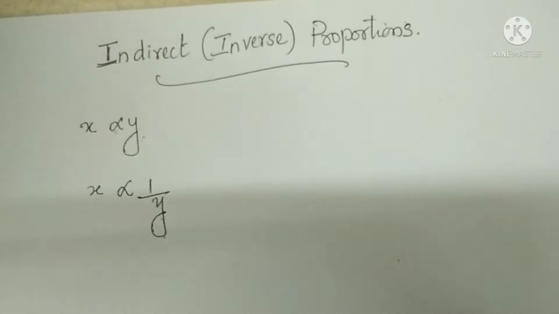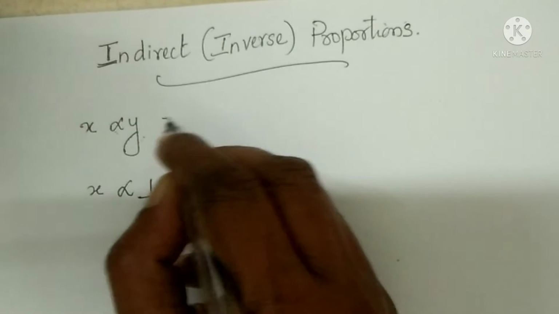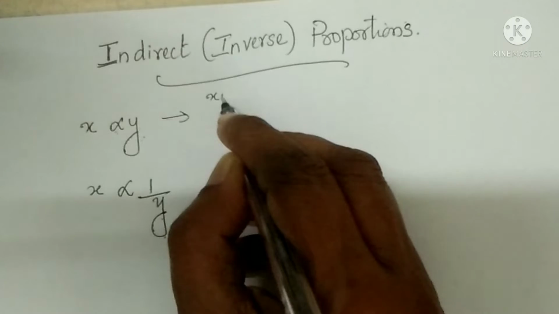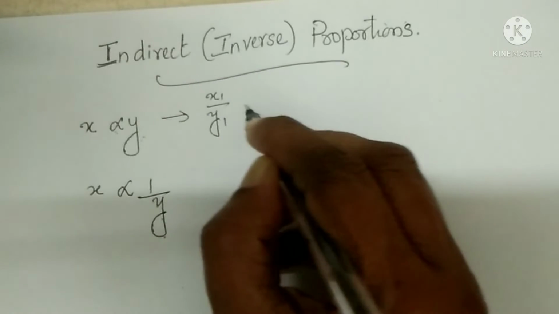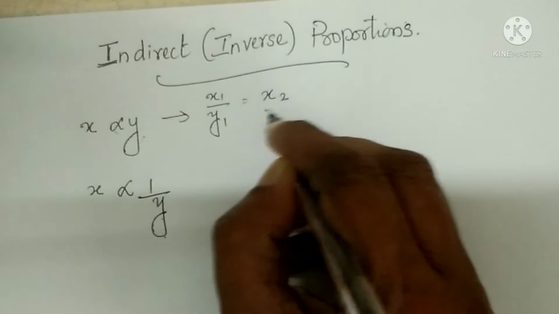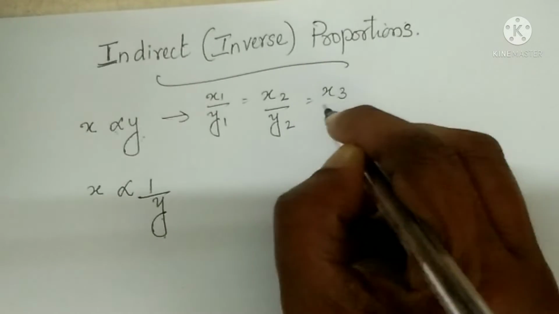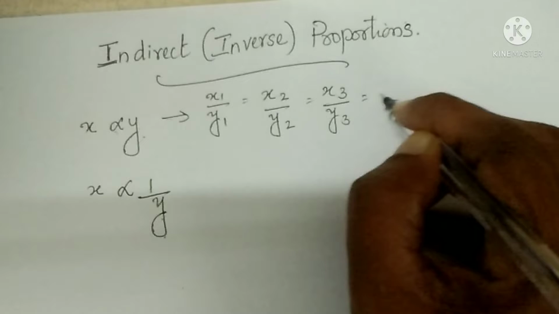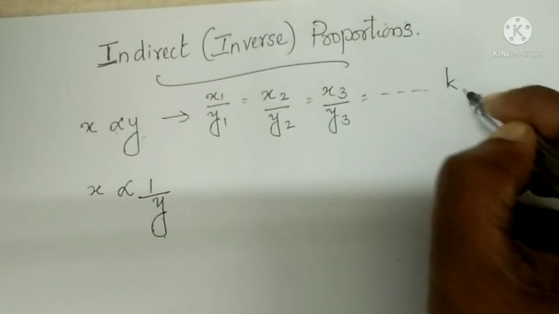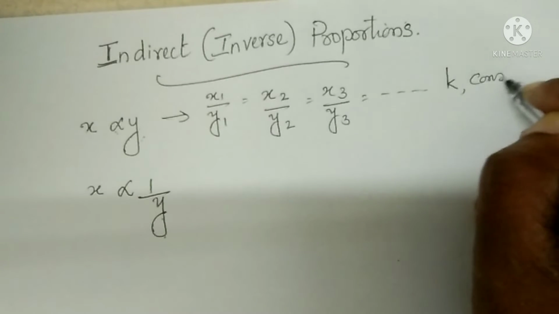Now when x is directly proportionate to y, we have learnt that x1 upon y1 is equal to x2 upon y2 is equal to x3 upon y3, etc., will be k, a constant.